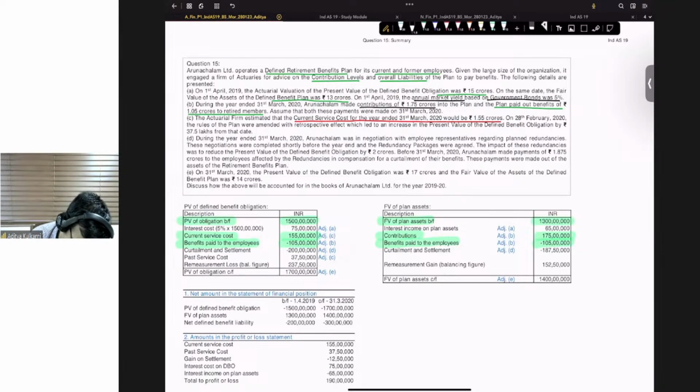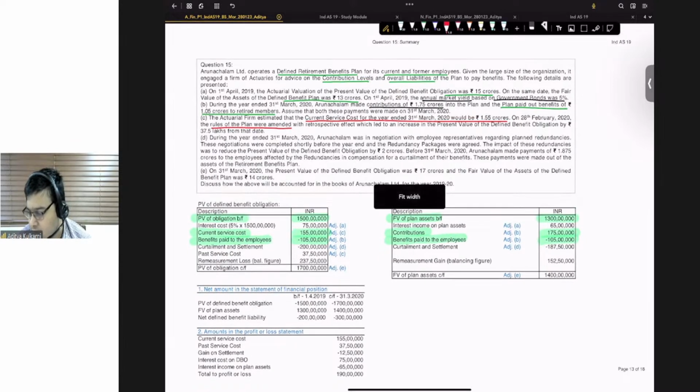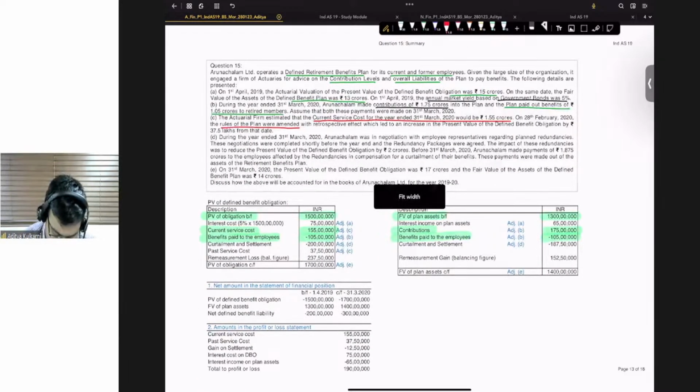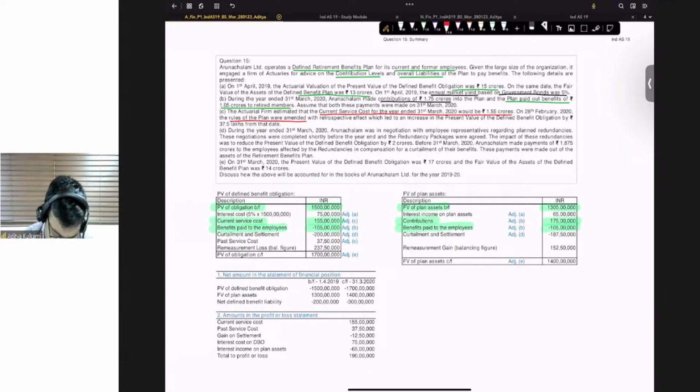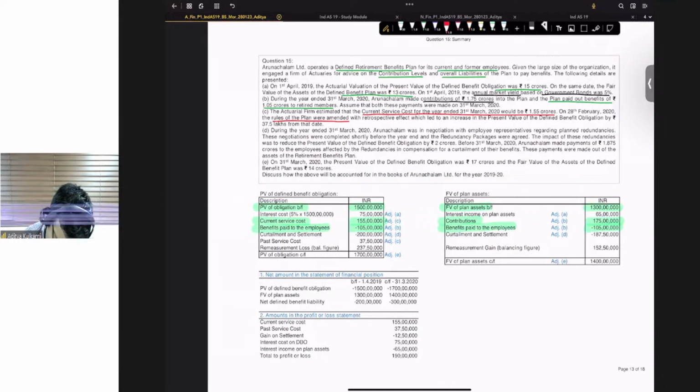On 28th February 2020, the rules of the plan were amended. Remember, 1% became 2.5%. This was a plan amendment, and because of it, the obligation had increased. In whatever questions we have done so far, there is no obligation which is paid out.